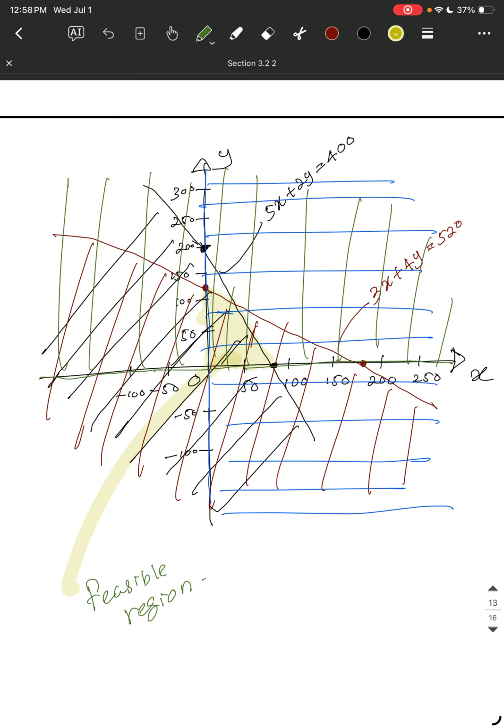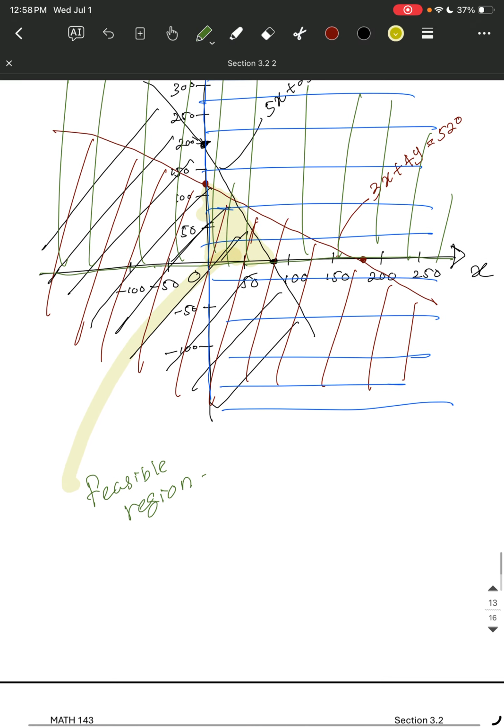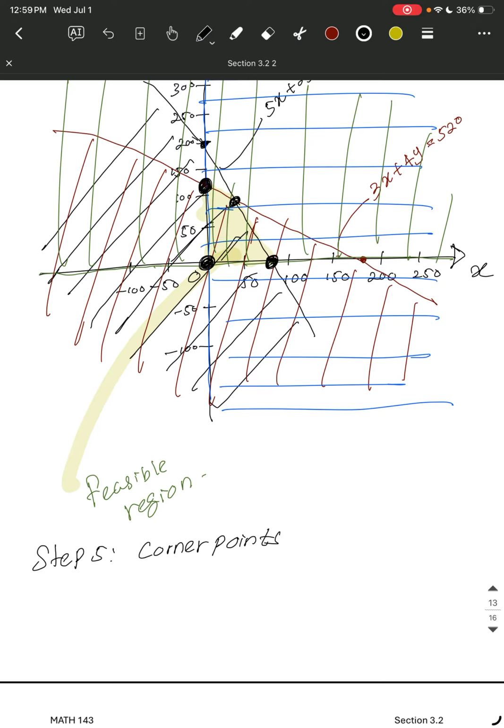Then next, corner points. Step 5, find the corner points. Okay, what are the corner points? For the feasible region, we can see that this is a corner point, this is a corner point, this would be a corner point, also this is a corner point, right?